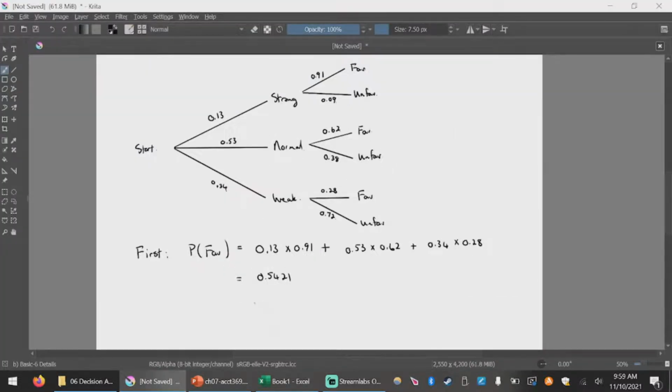Okay. Probability of being favorable versus unfavorable. So here then, for example, the probability of having an unfavorable market survey, well, it's one of the two. It's going to be 1 minus 0.5421 because those are the only two outcomes for the market survey.